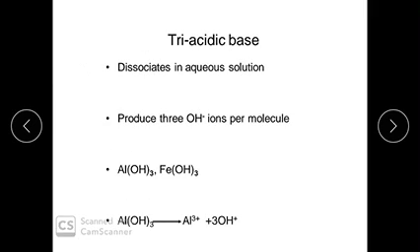And next one is triacidic base. These dissociate in aqueous solutions and produce three OH minus ions. Then these are triacidic bases. Examples are aluminium hydroxide, Al(OH) taken thrice, and ferric hydroxide, Fe(OH) taken thrice.